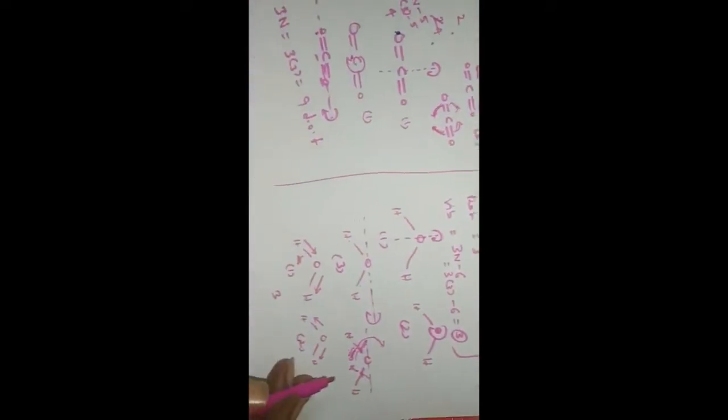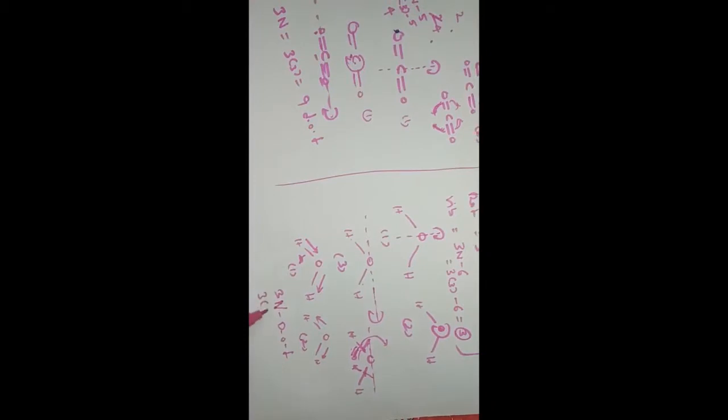Again, my first definition says that a molecule should have 3n degrees of freedom, and it is 3 into 3 for a triatomic, so 9 degrees of freedom. But if you exclude this vibrational motion, how many degrees of freedom are possible for a triatomic nonlinear molecule? It has 6 degrees of freedom.